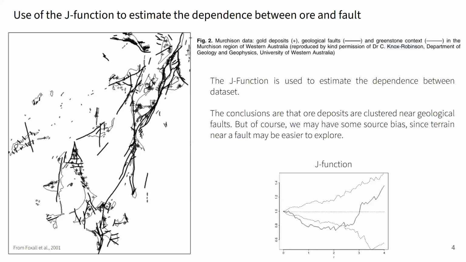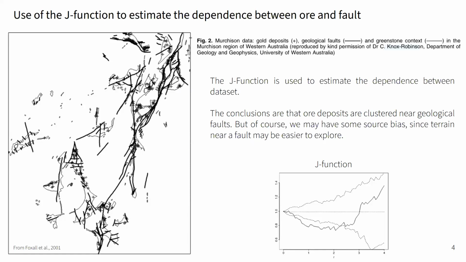There is a paper from Foxall in that case. What they wanted to see is if there are some ore deposits, whether they are close to geological faults or not. They developed a function called the J function, which shows the dependence between the ore deposits and the nearby geological faults.